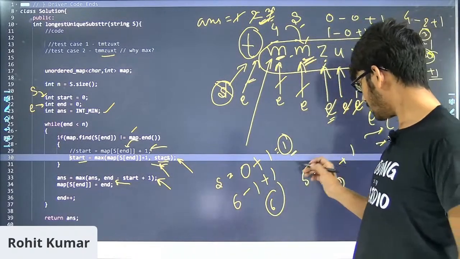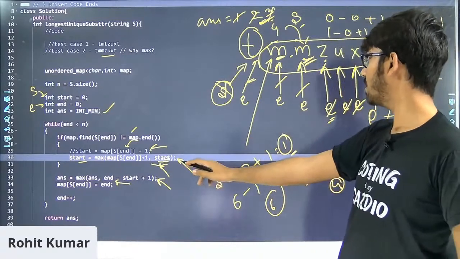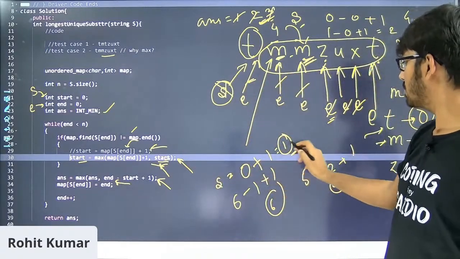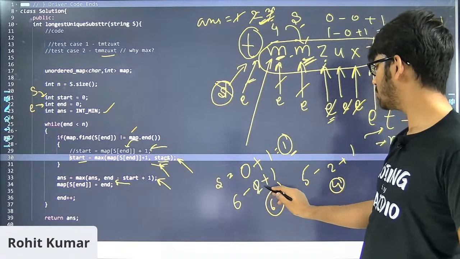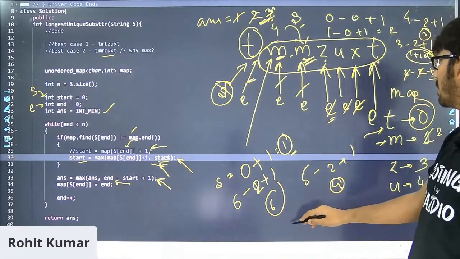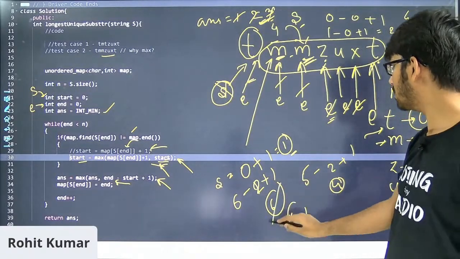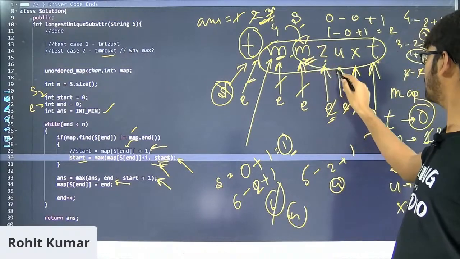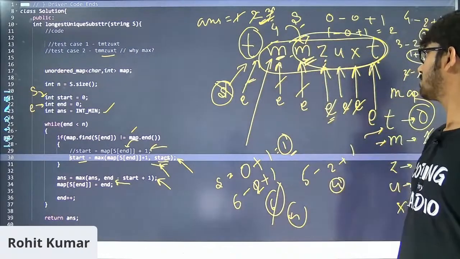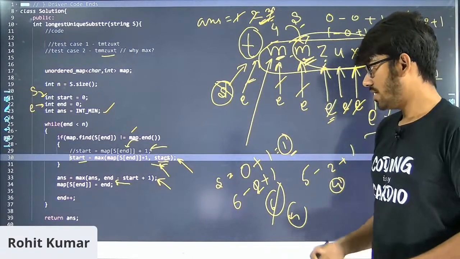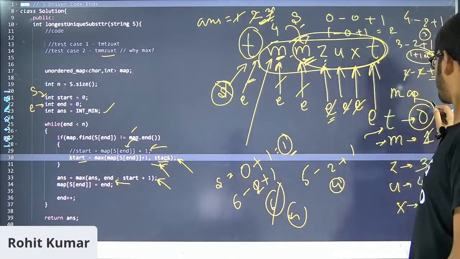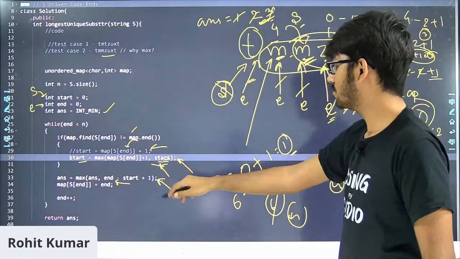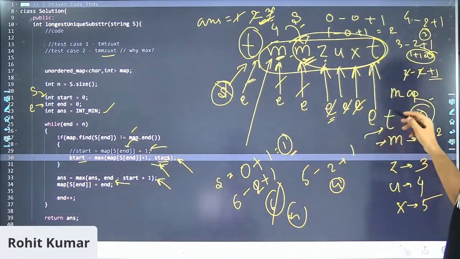So we'll take the max of start, and this will no longer be 0, this will be 2. So this will be 6 minus 2, that is 4 plus 1, and that becomes 5, right? So this is your final answer, mzuxt. And at the end, after this line, you are again updating map of sn.